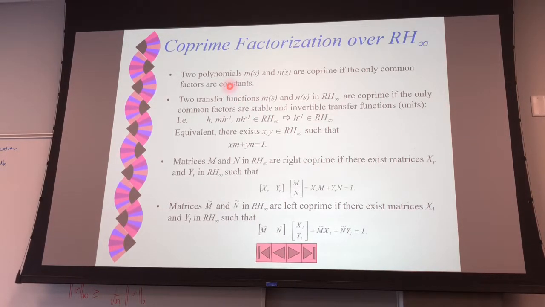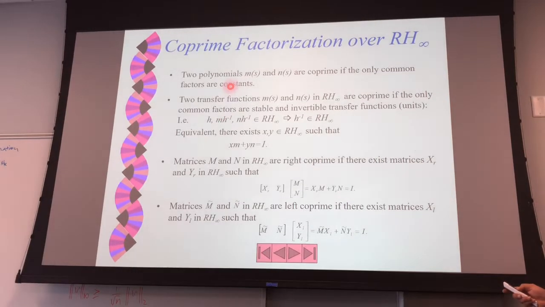So we assume we find an H whose inverse is also in RH infinity. Then the only common factors are stable and invertible transfer functions. So H, MH inverse, and NH inverse are all stable rational functions.